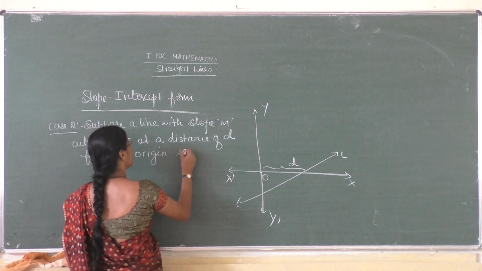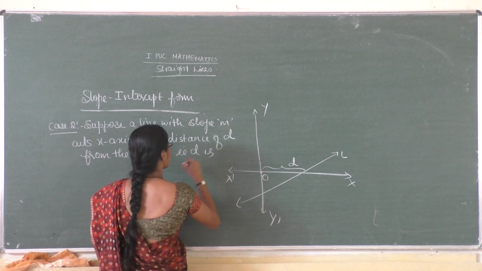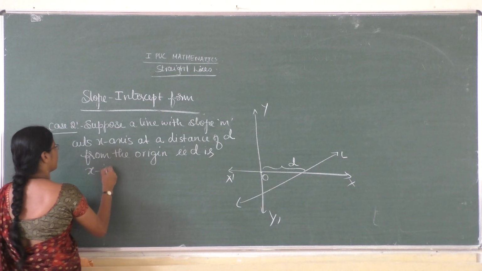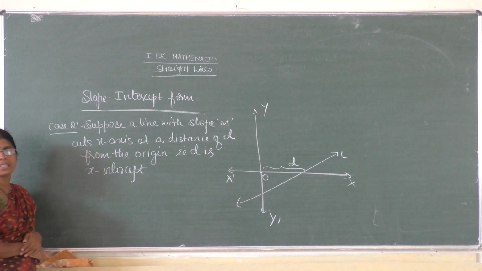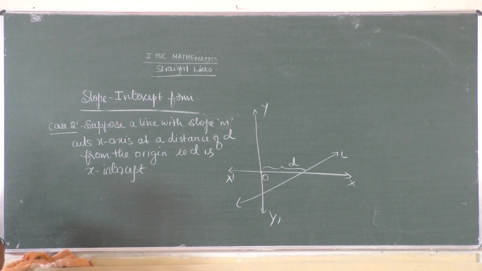That means d is the x-intercept. D is the x-intercept. Then what we have?